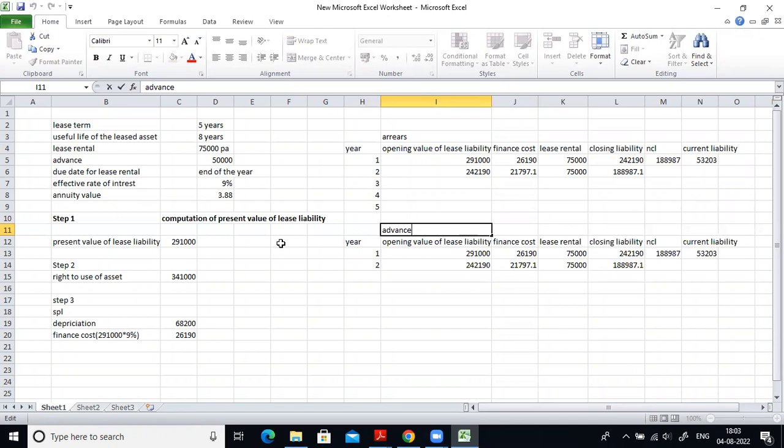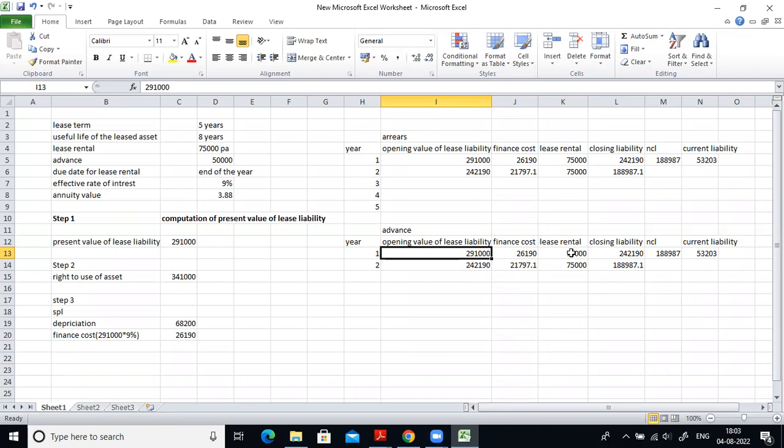In this case, we have an opening lease liability of 2,91,000. Then at the beginning of the year, on the same date, we will be paying a lease rental of 75,000.